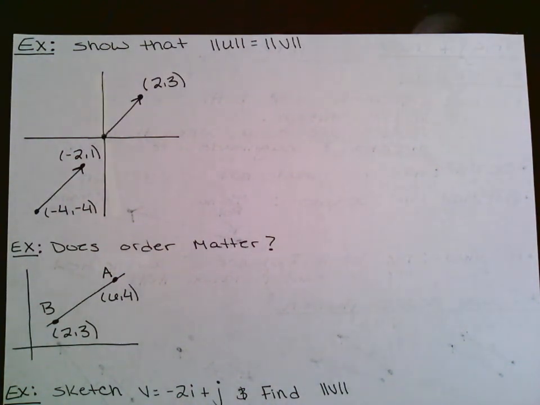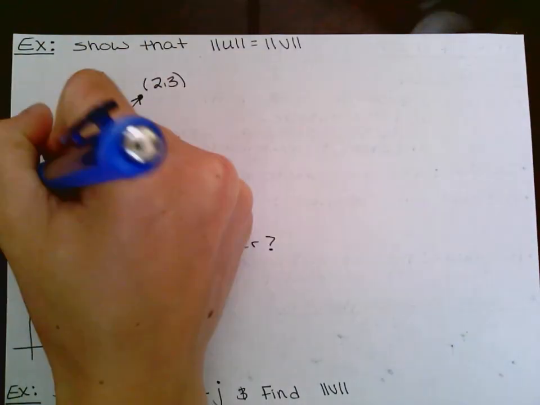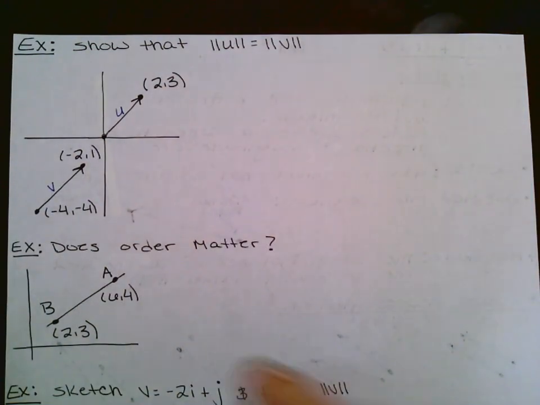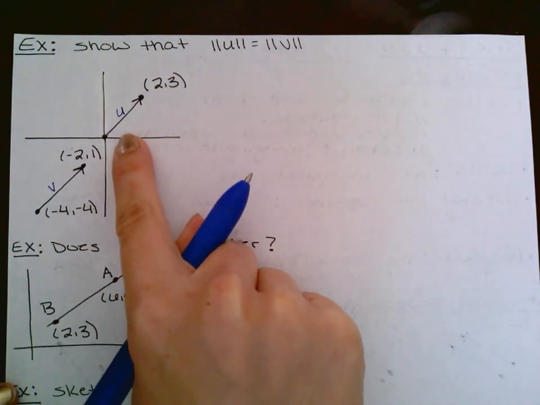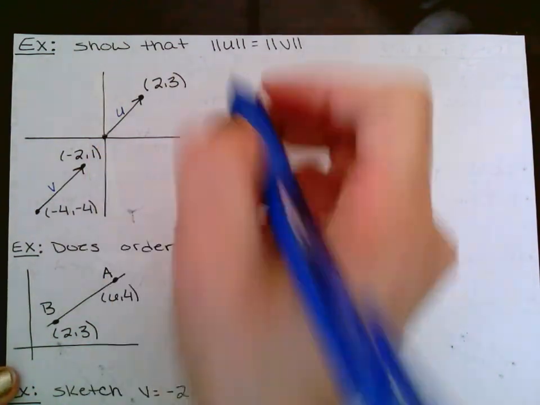We had said that we know two vectors are equivalent if their direction and their magnitude are the same. So this first question asks us to prove that the magnitudes of U and V are the same. Let's say this one here was U, okay, and this one here was V. So U is in standard form, and I know that because it stems from the origin, okay?